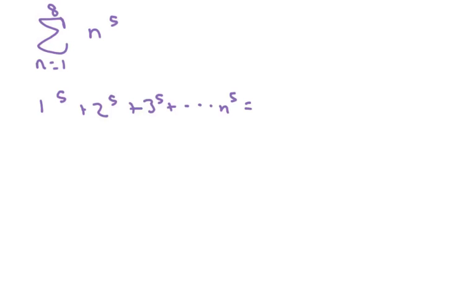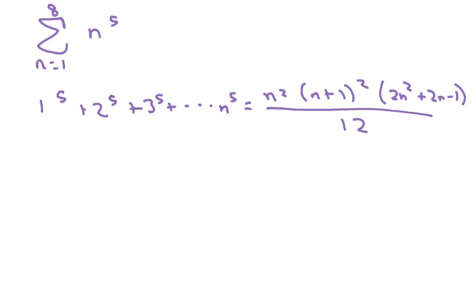And this equals n squared times n plus 1 squared times 2n squared plus 2n minus 1, all over 12. Since my total number is going to be 8, I'm going to just plug in 8.